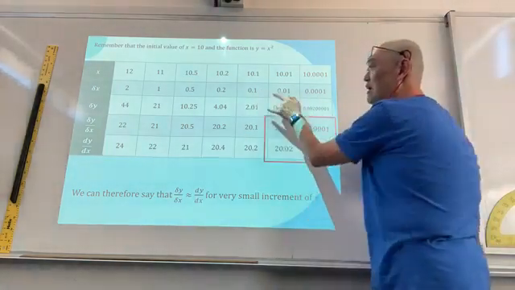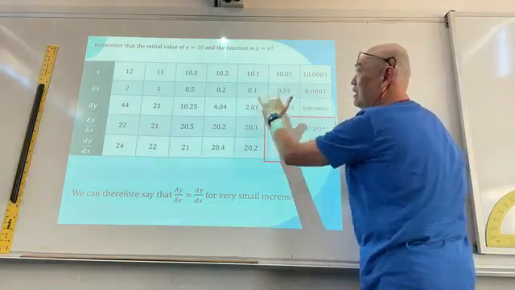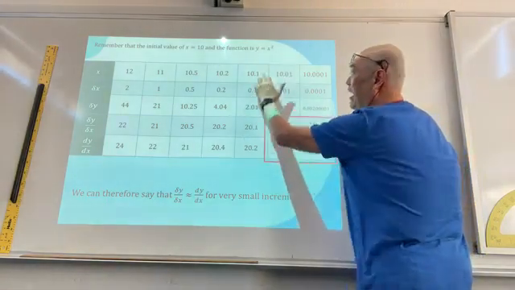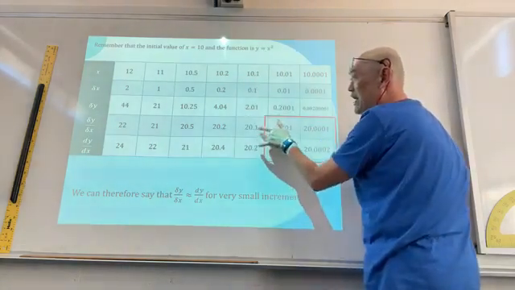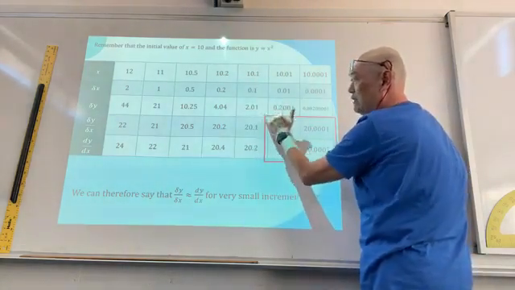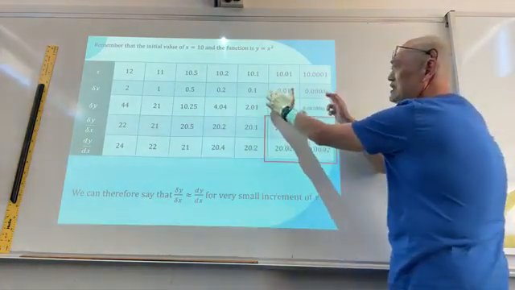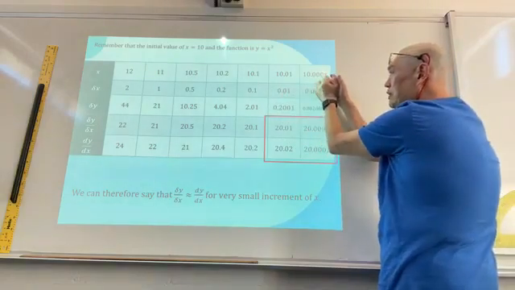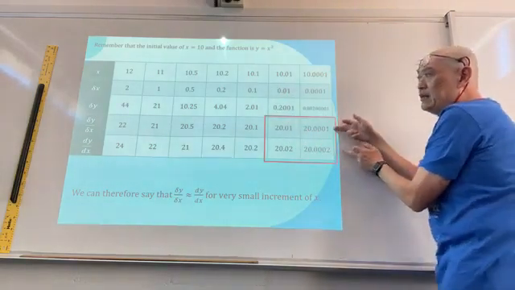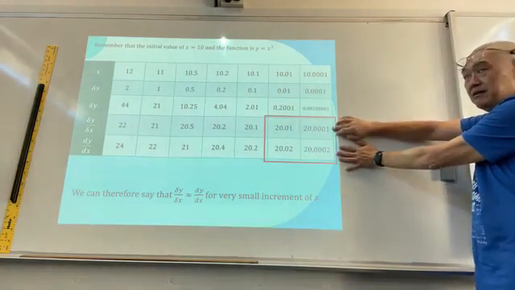The delta y, if I square that and then minus y, will be 2.01, and therefore you can see delta y over delta x is approximately the same. As delta x goes closer and closer to 0, you can see that delta y over delta x is approximately the same as dy/dx.